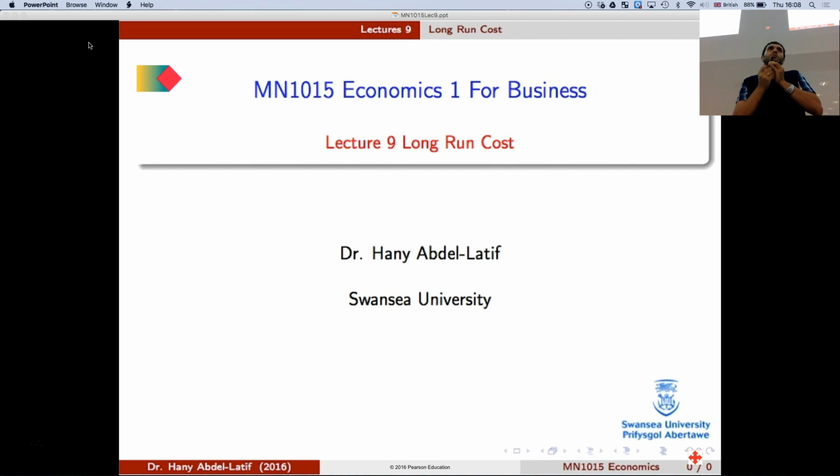That's the total cost. When we look at the average cost, we did the same. We looked at the average total cost as two components, the average variable cost and the average fixed cost. Okay?